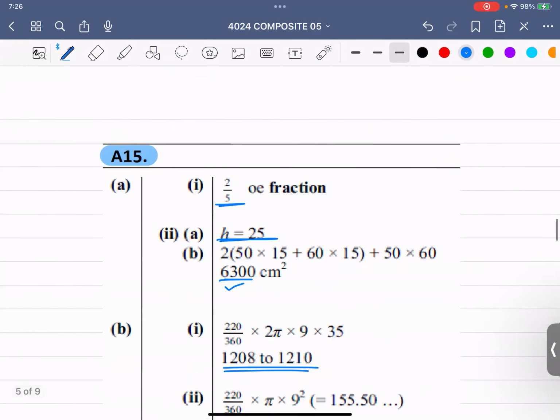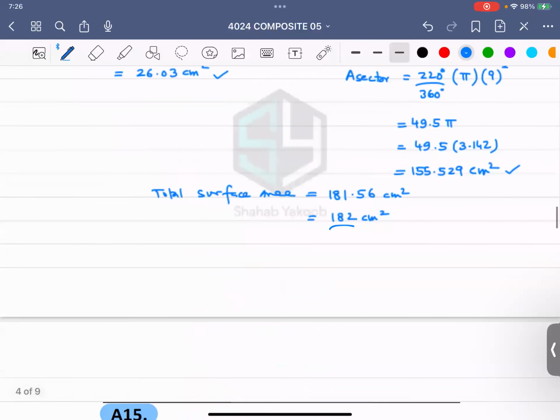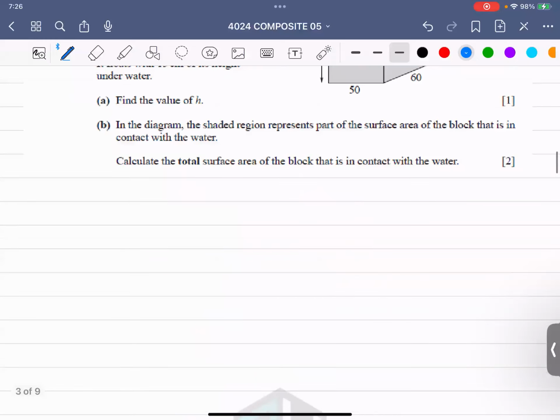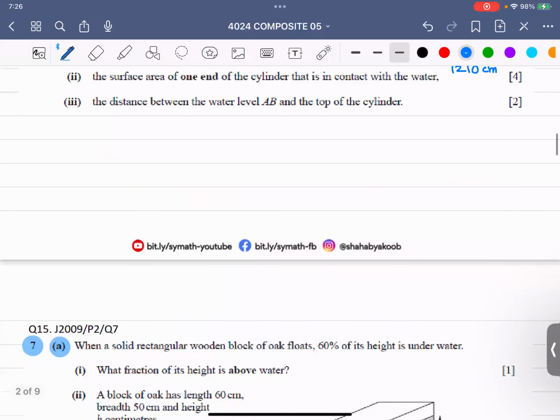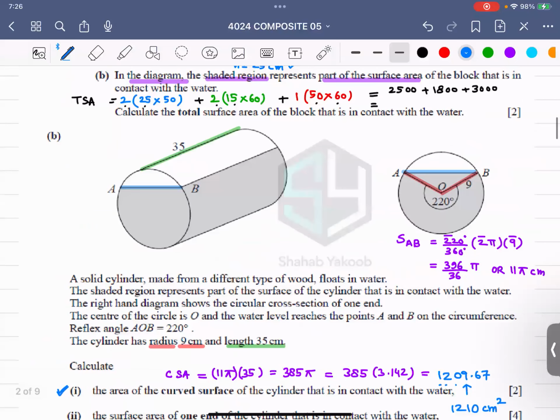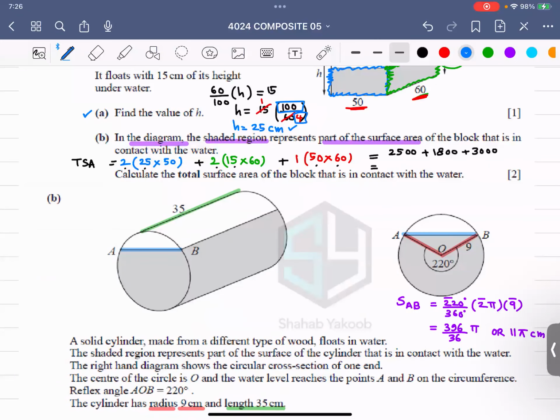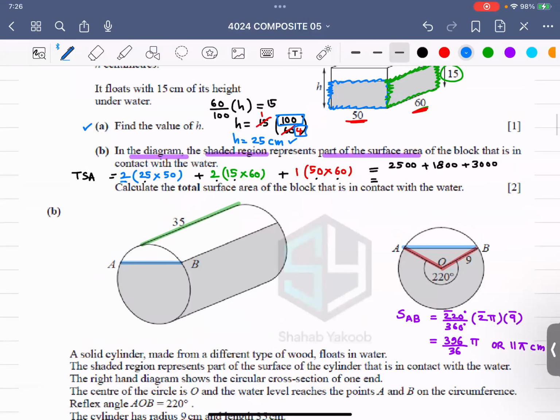We have also gotten this. And before that, there is this part, which is addition of these things. That is 2500 plus 1800 plus 3000. This is 2 into 25 into 50, 50 into 50, that's 2500. 15 into 60 into 2, that is 1800.